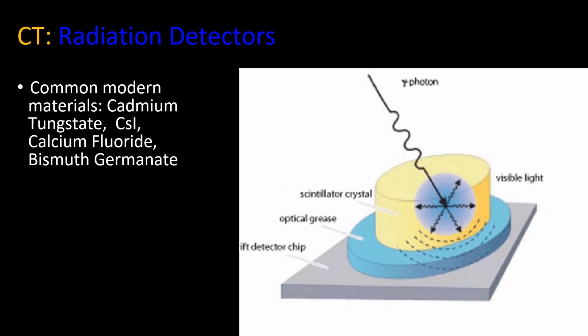These are some common materials radiation detectors are made from: cadmium tungstate, cesium iodide, calcium fluoride, or bismuth germanate. Here's another picture showing the photon hitting the scintillator and getting converted into light.